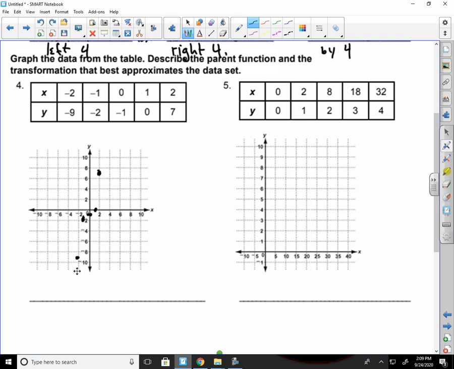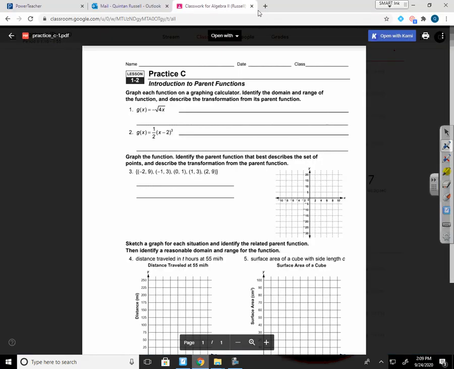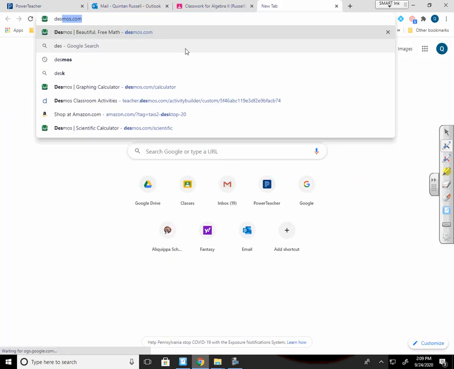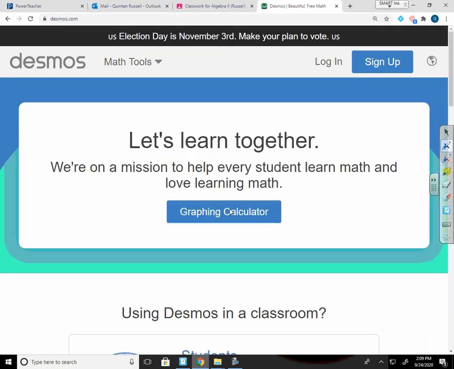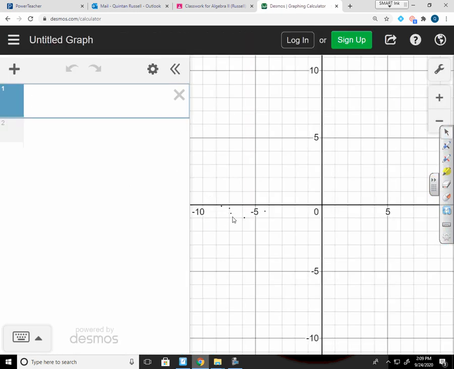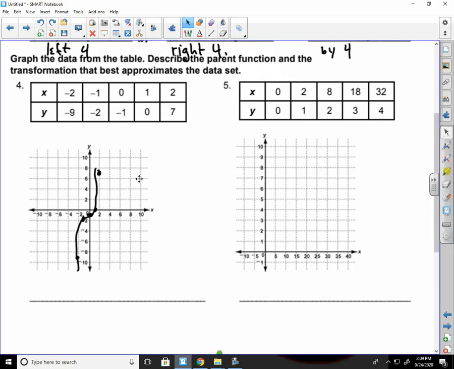If I look at this in comparison with the original function, they're the same shape and everything. Matter of fact, I'm going to pull this up on Desmos just to show you. Okay, our equation was -2, -9.